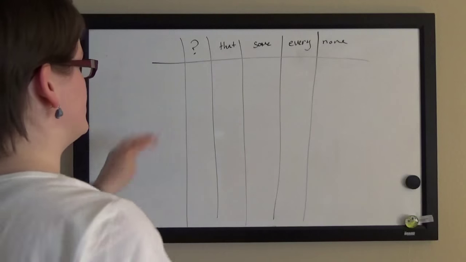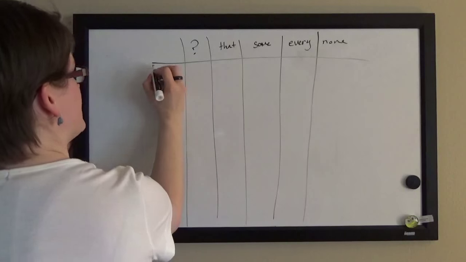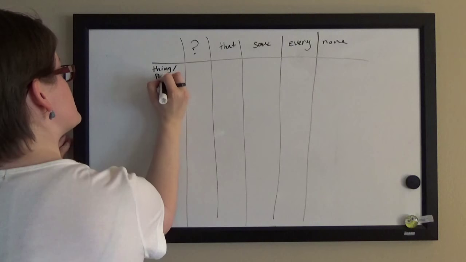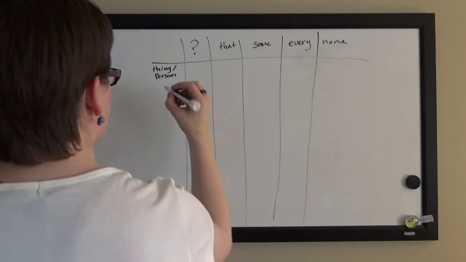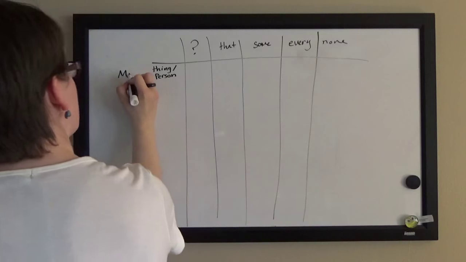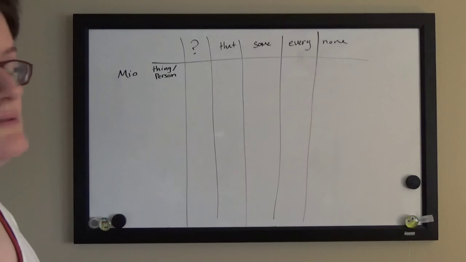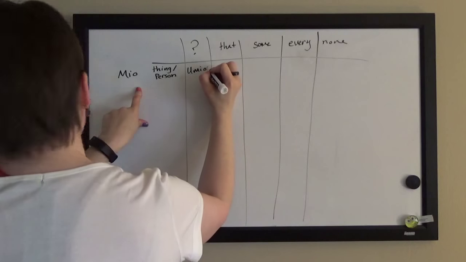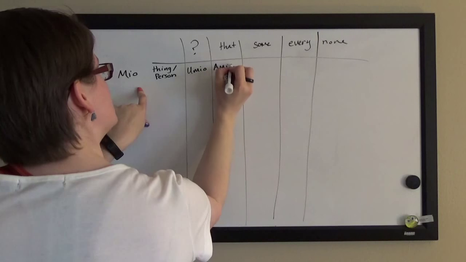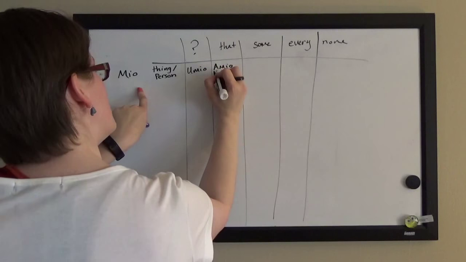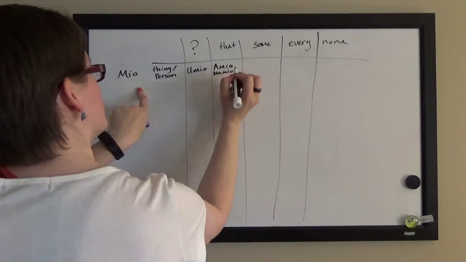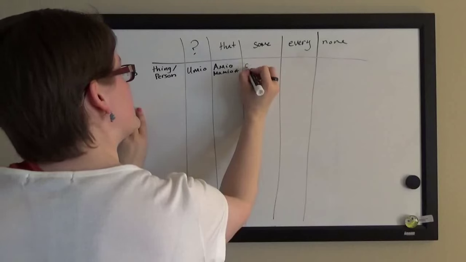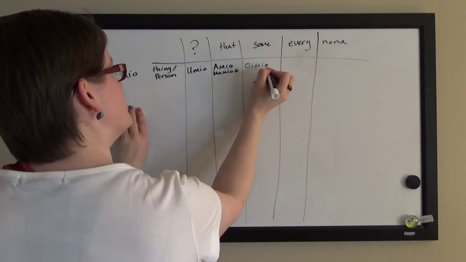So if we don't know what it is and we're thinking about a thing or a person, it has the form mio, and then this will be umio for what, amio for that, mamio for this, so this is local, like close nearby, oimio for some.